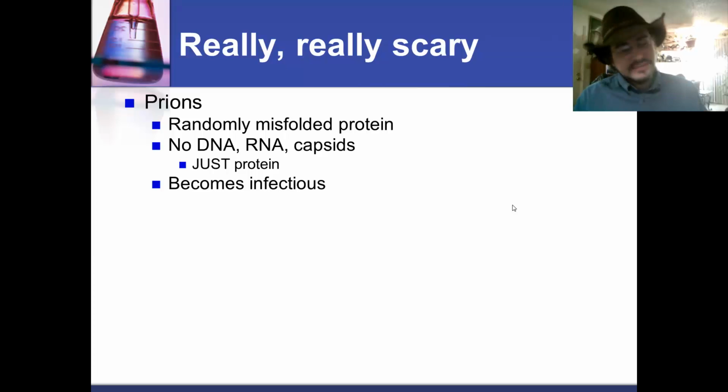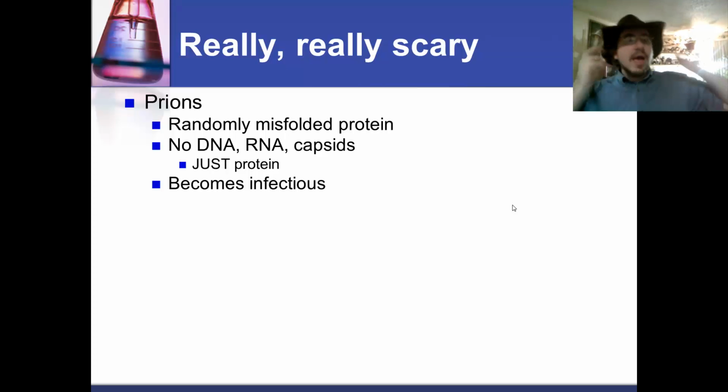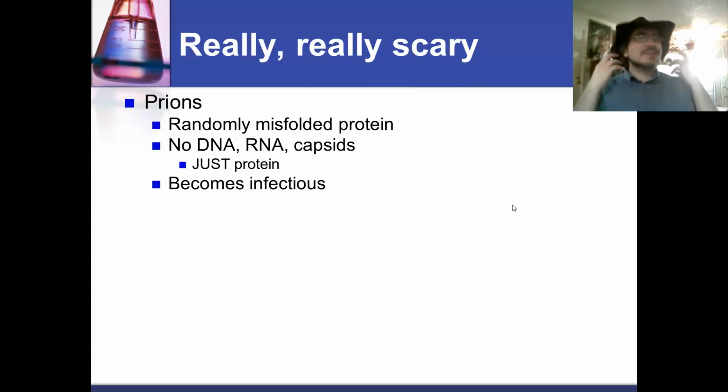And it essentially causes any protein in your body that just comes into contact with a prion to become a prion. And so you start converting all your proteins into prions. Why is that horrifying? Because pretty soon those prions accumulate and they start blocking off the blood cells in your brain, and then it starts killing brain cells and your brain becomes Swiss cheese.